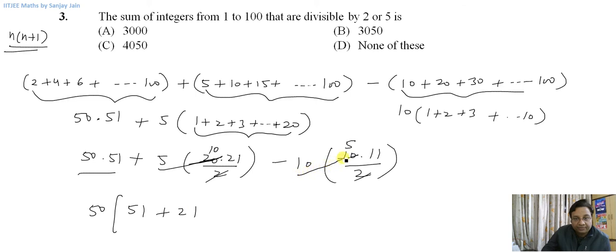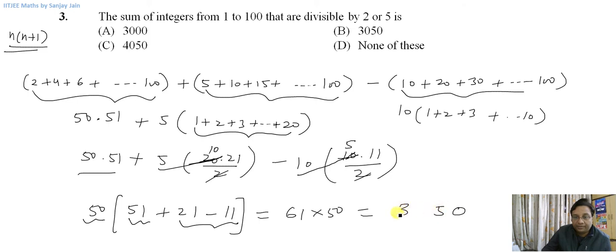If I take this 50 common, the third term will give me minus 11. 21 minus 11 is 10. 10 plus 51 is 61. 61 into 50 is what we need to calculate. So 3050 is the correct answer, which is option B. I hope you have got this question.